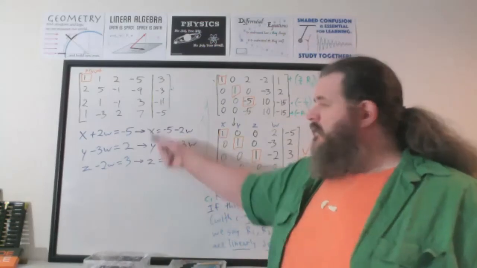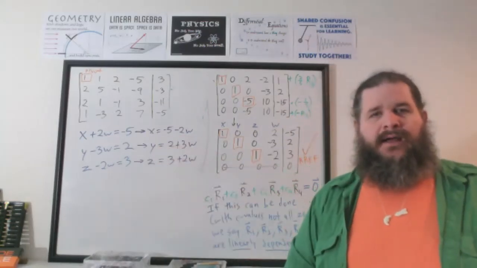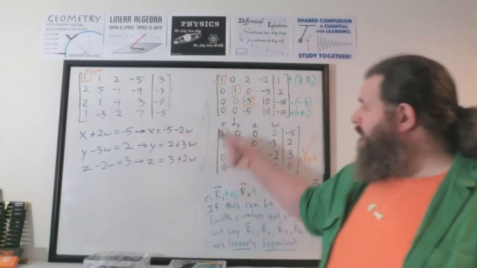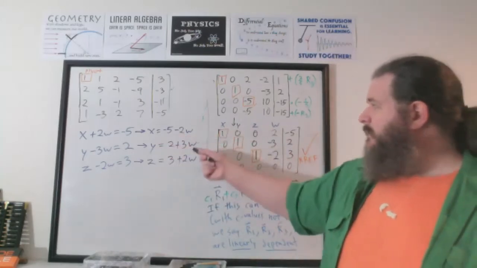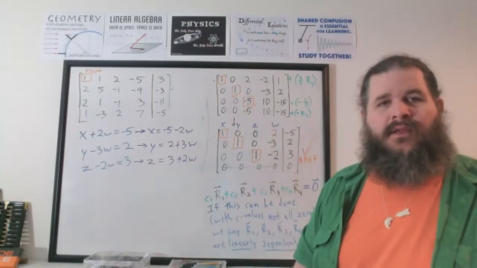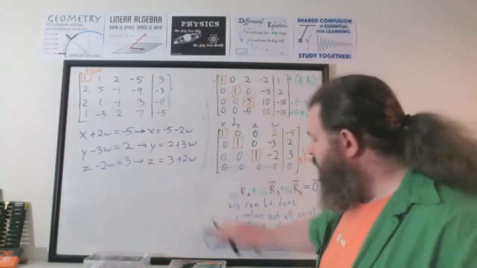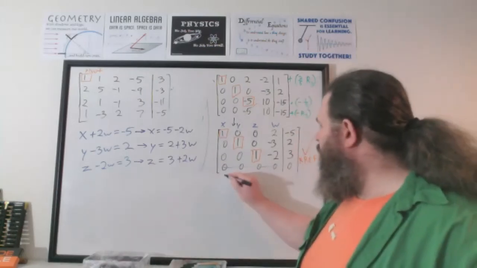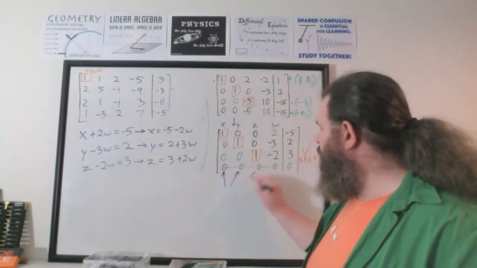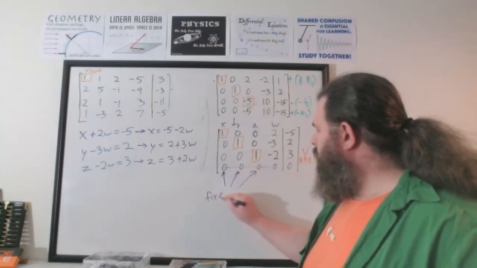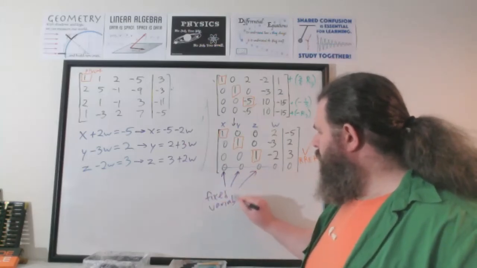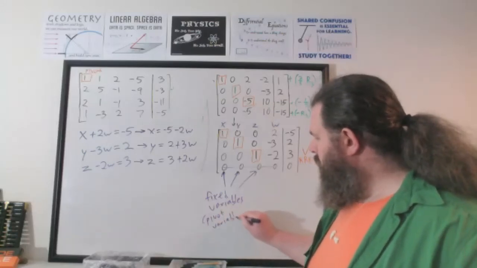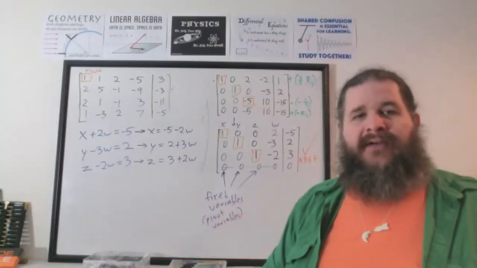So we can write all the other variables in terms of this mysterious variable w. Because x, y, and z are variables whose columns have pivots, w is a column that doesn't have a pivot. And the usual term we use for that is fixed variables versus free variables. We would say that x, y, and z are fixed variables, or sometimes pivot variables, because they have pivots in their columns.